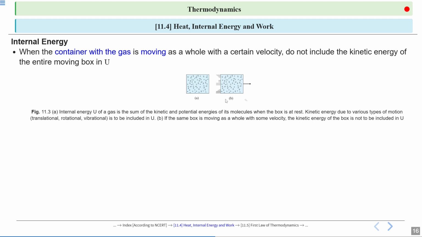Look at figure 11.3 B. Here the container with gas is moving as a whole system with some velocity. We do not include the kinetic energy of the entire box in U, because we consider only molecular configuration and molecular motion.